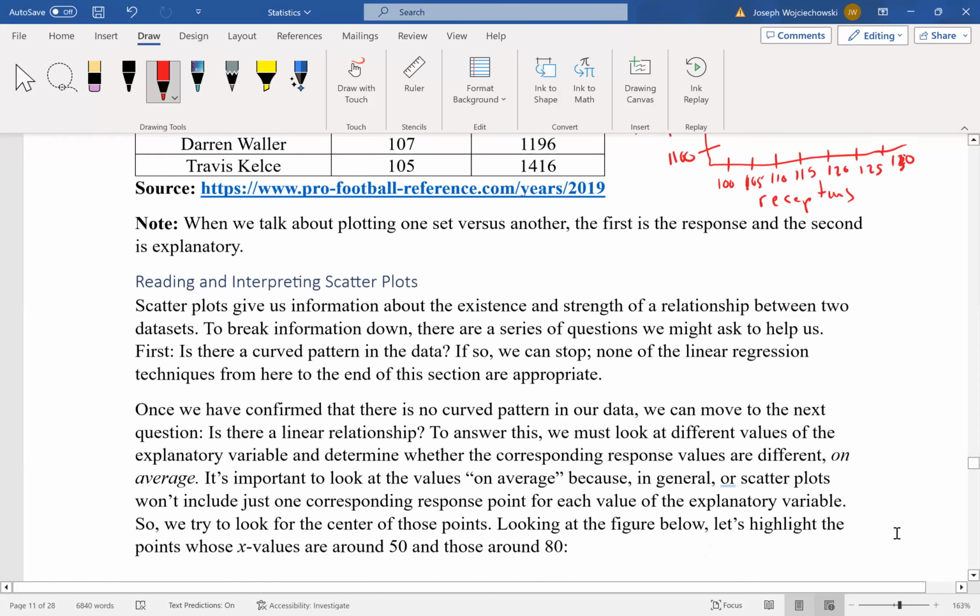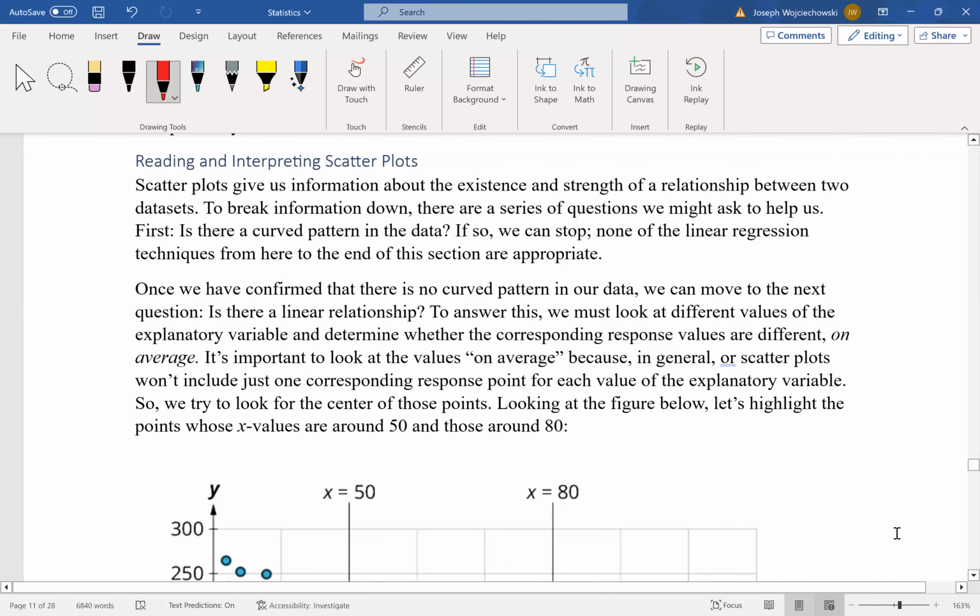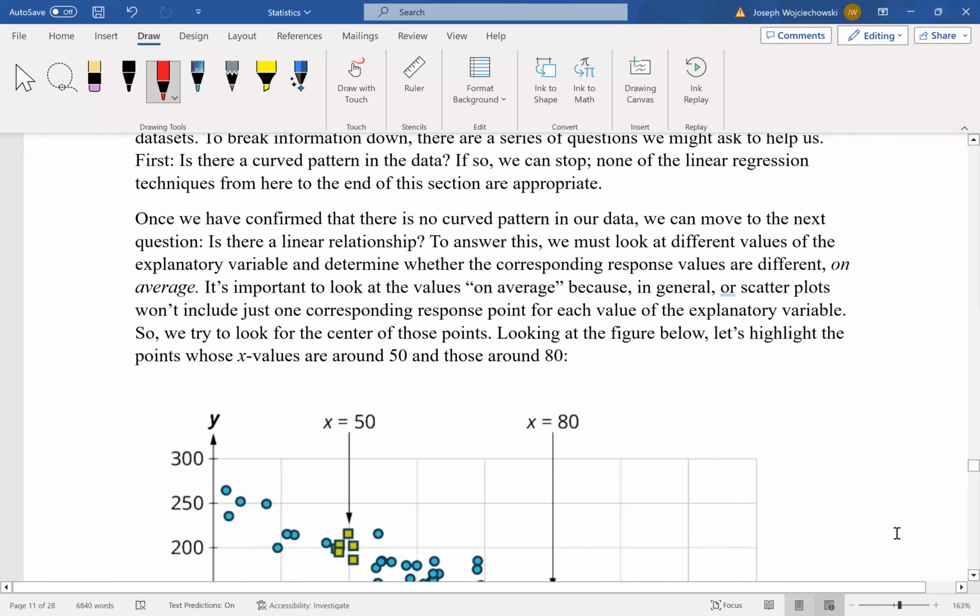Once we've confirmed that there is no curved pattern in our data, we can move to the next question. Is there a linear relationship to this? To answer this, we must look at different values of the explanatory variable and determine whether the corresponding response values are different on average. It's important to look at the values on average because in general, scatter plots won't include just one corresponding response point for each value.